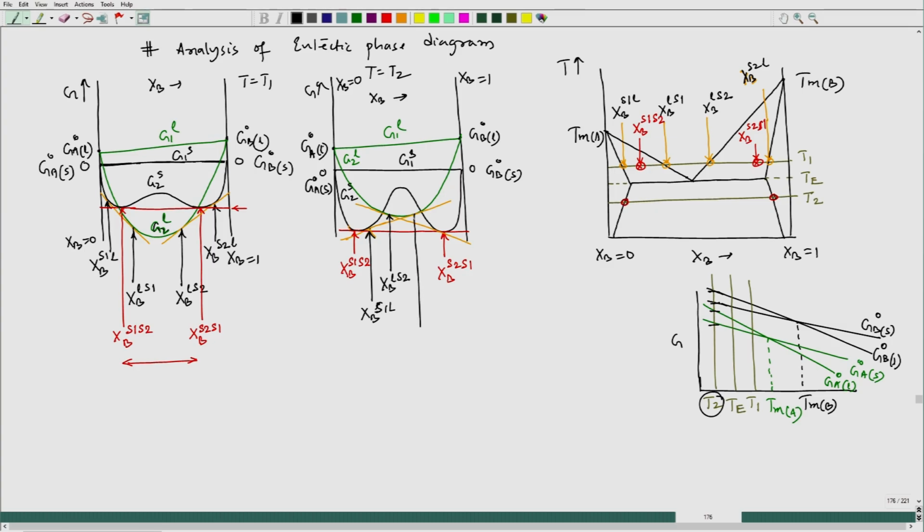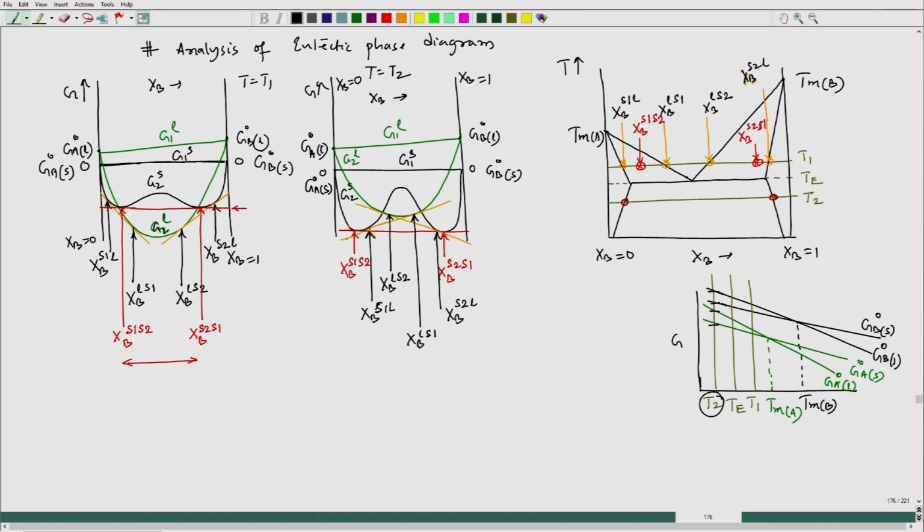Here is one more point, which is the composition in equilibrium with the solid composition. This is composition of liquid in equilibrium with solid 1. Here we have one more composition, which is Xb of solid 2 in equilibrium with liquid.